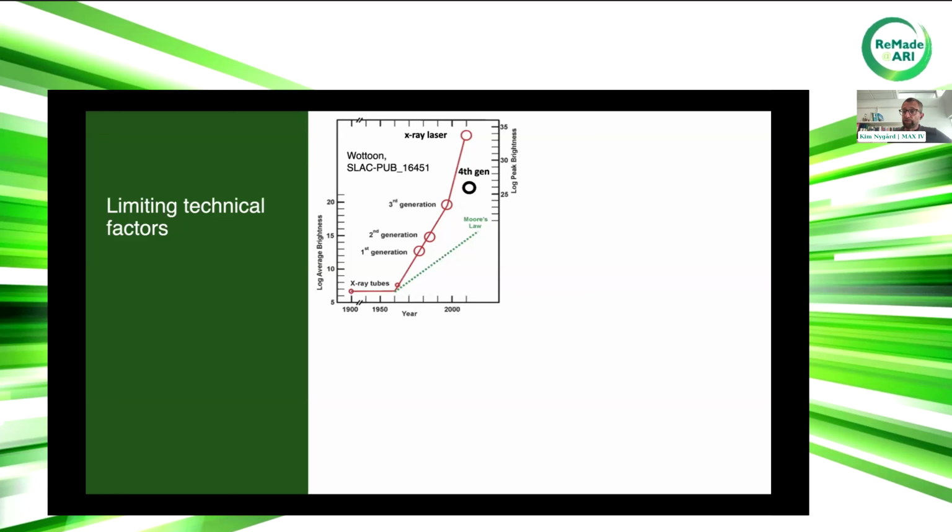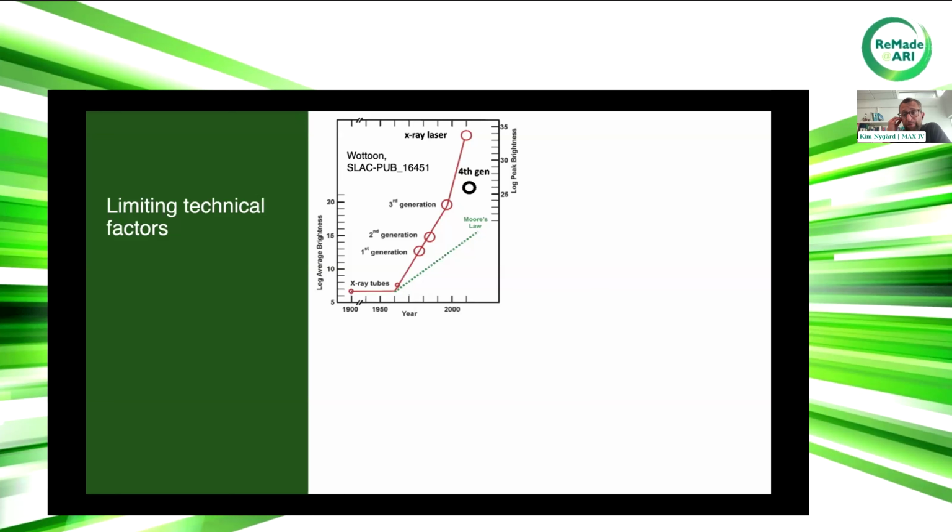Now, in the case of small angle scattering, you need a well-collimated beam. In the case of scanning SWAXS, you need a focused beam. And you need a fairly high X-ray flux because these are photon-hungry experiments.